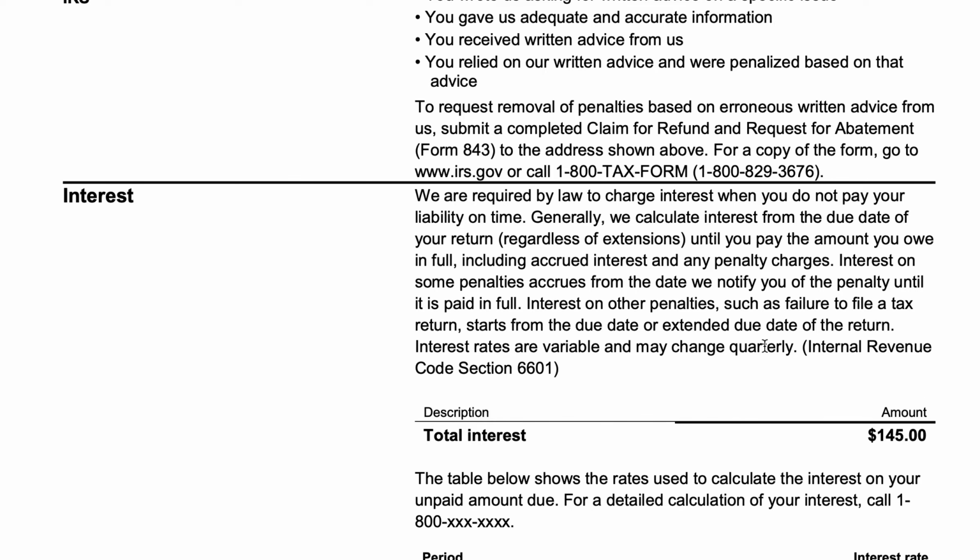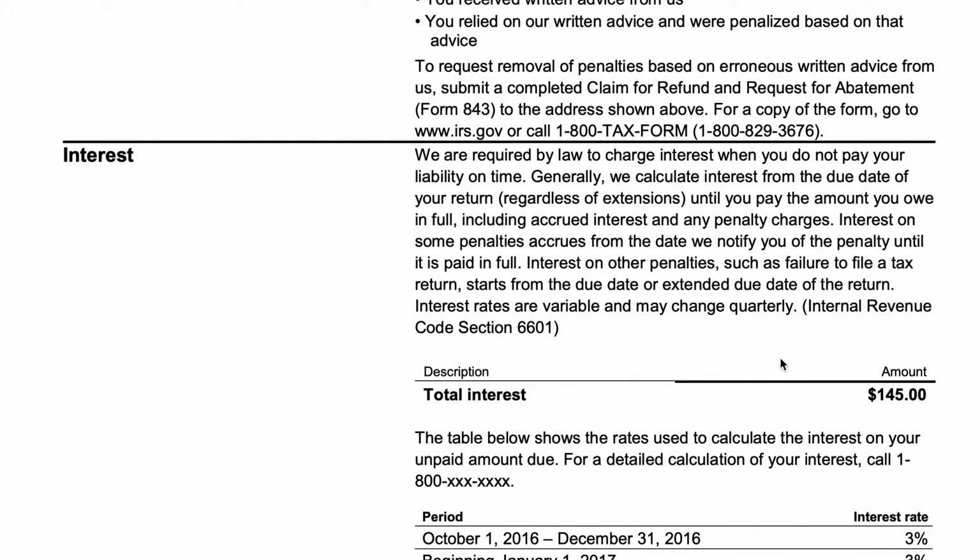So now, the section below penalties is the interest. The IRS is required by federal law to charge interest on outstanding tax bills, as well as any penalties that have accrued. So the interest is calculated based on the interest rate environment.